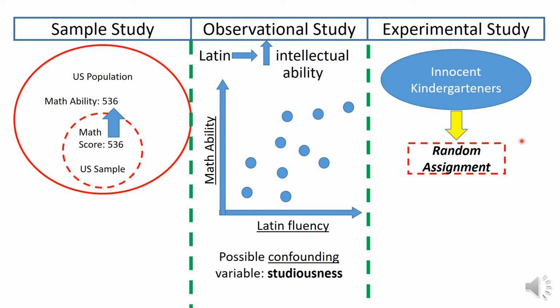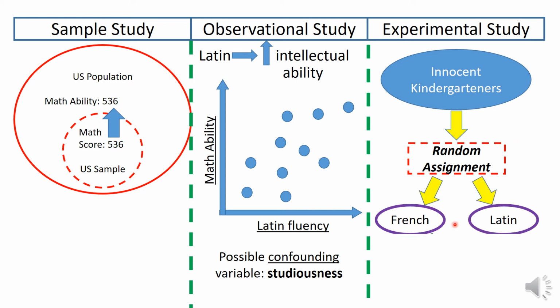All right, and so what are our groups going to be here? Well, we're arguing that Latin has some special ability to improve intellect. So that's obviously going to be one of our classes. And the other one, we've got to have some kind of control group. All right, so we'll make it French.